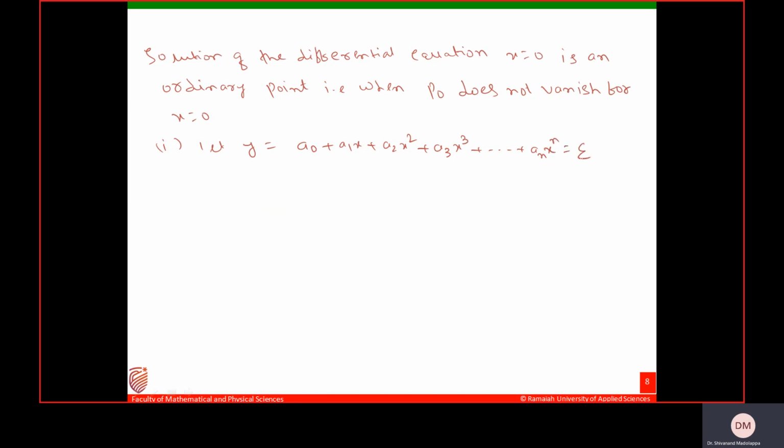We write this as the summation from k is equal to 0 to infinity of ak x to the power of k, be the solution of the given differential equation. This is the first step.